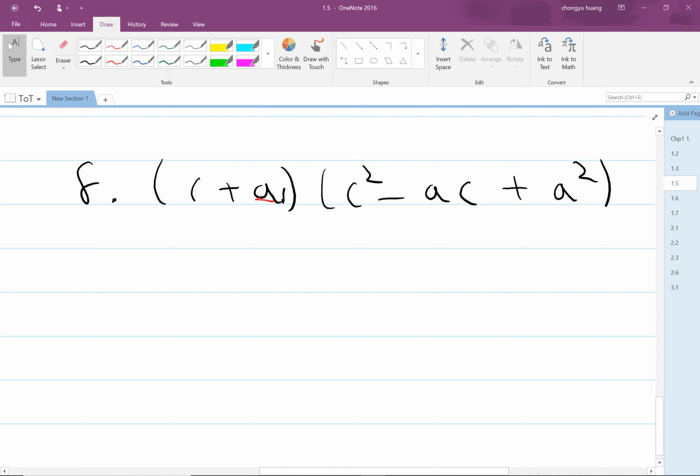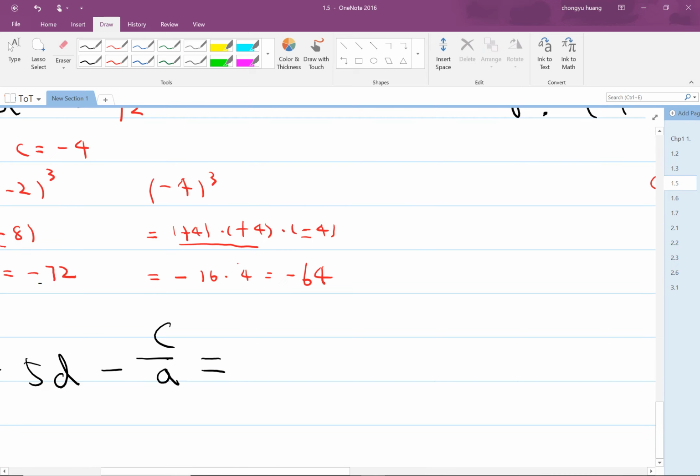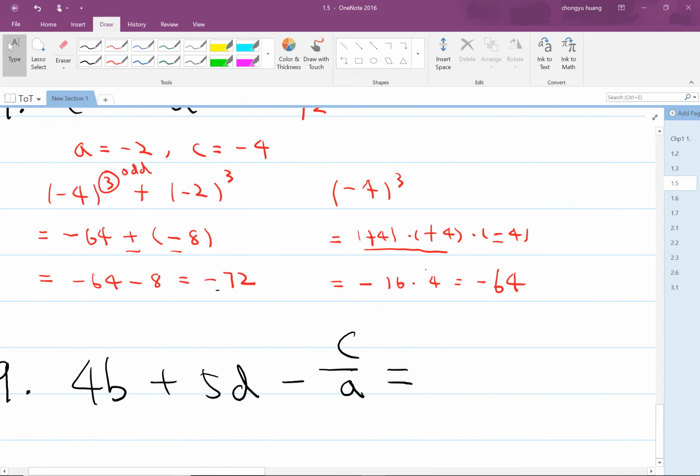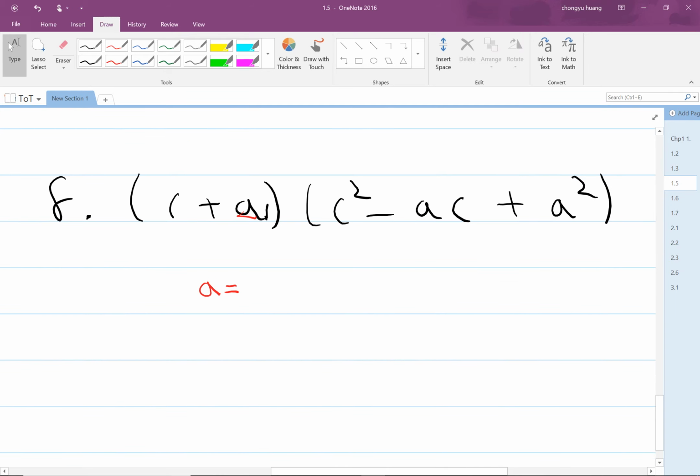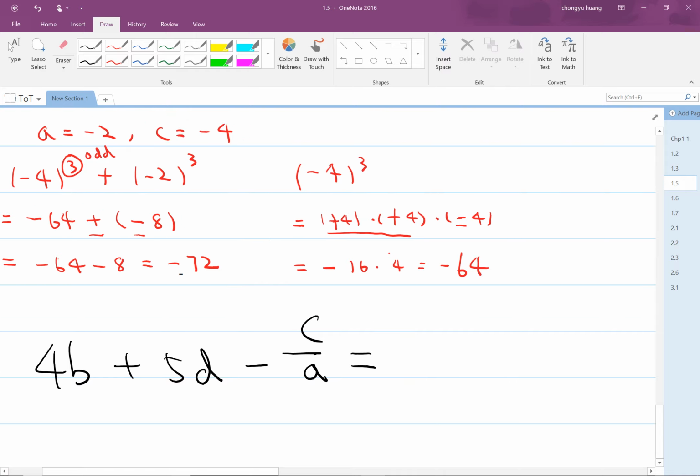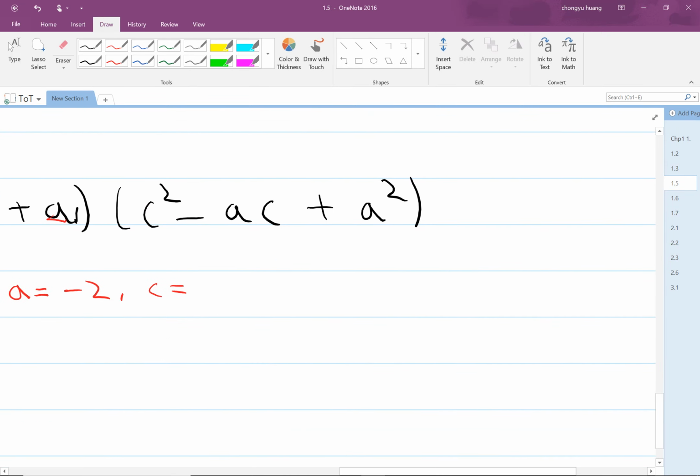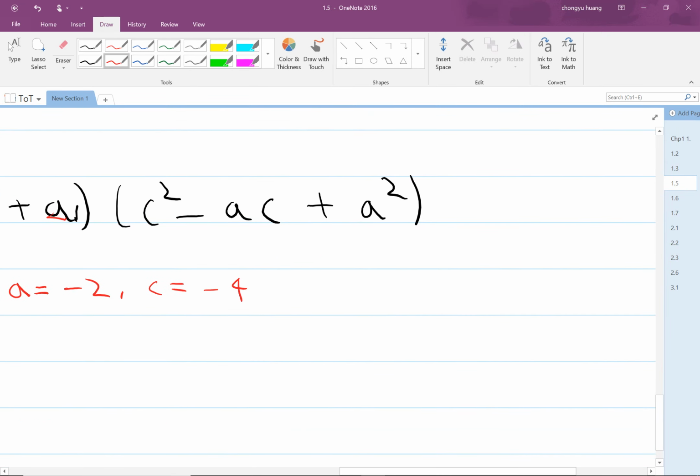So basically you can see over here in question 8 there's only two variables, variable A and then variable C, and that's all we needed. And for A it's actually negative 2. Then what about C? C is actually negative 4.